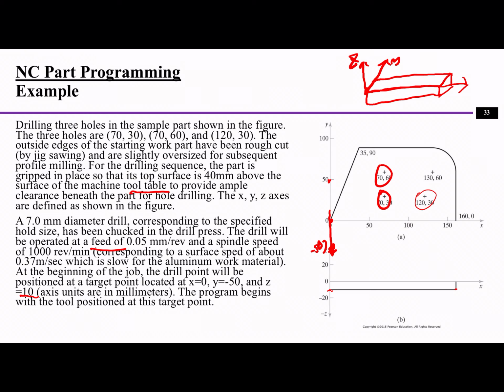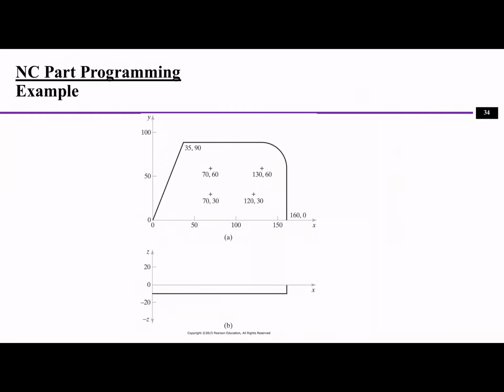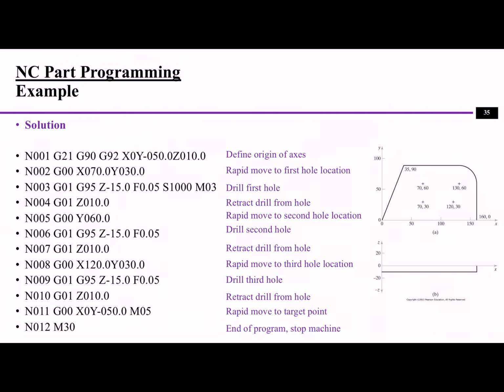So in this case, we can tell the z value for the lower end of this workpiece is minus 10. So we know the thickness of the workpiece is 10. That means when you are drilling the hole, you need to make sure the machine tool goes down to at least minus 10. So this is an example.